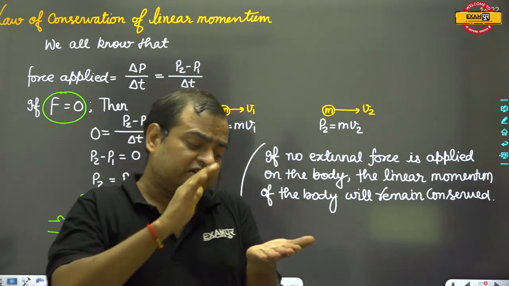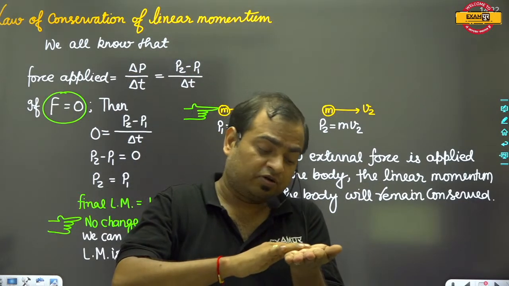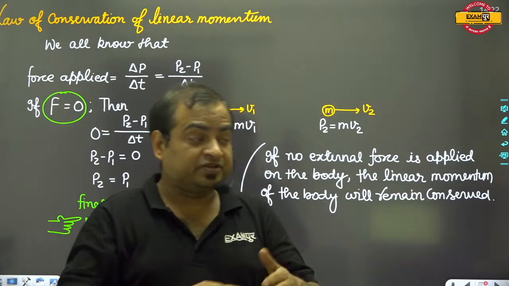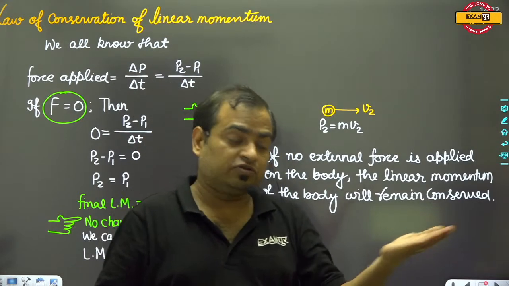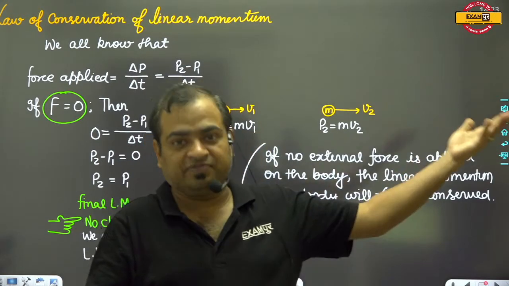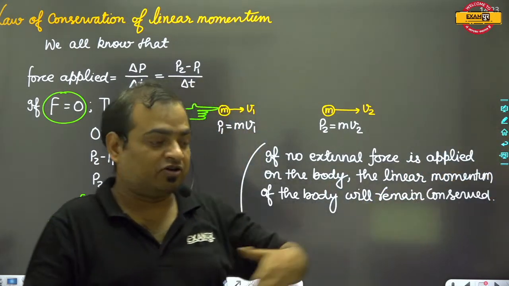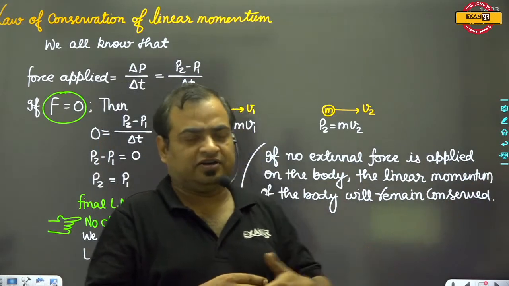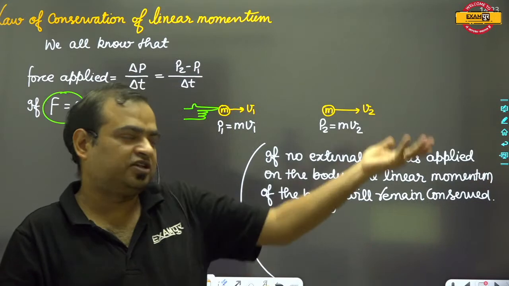It means if the velocity of the ball at the present time is 2 meters per second, after 1 hour it will also be 2 meters per second, but the distance traveled by the ball will be very large, because after 1 or 2 hours it will change its position from here to another position.